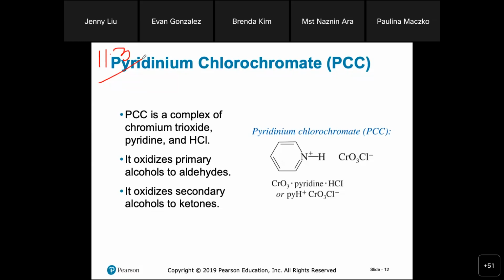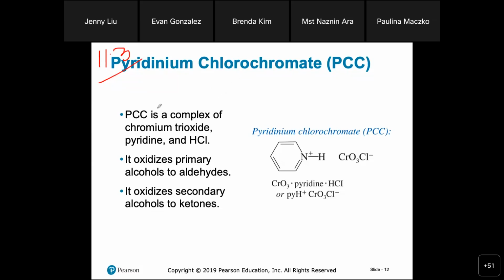Here we are now talking about the additional oxidizing agent that we also use during alcohol oxidation, when we are talking about the chemical reactions and properties of alcohol. Here is one called PCC, pyridinium chlorochromate.